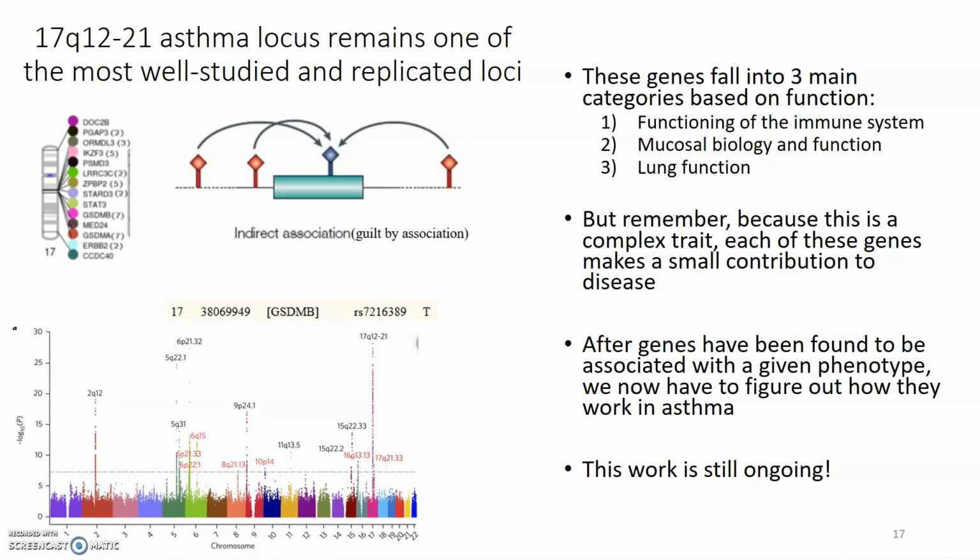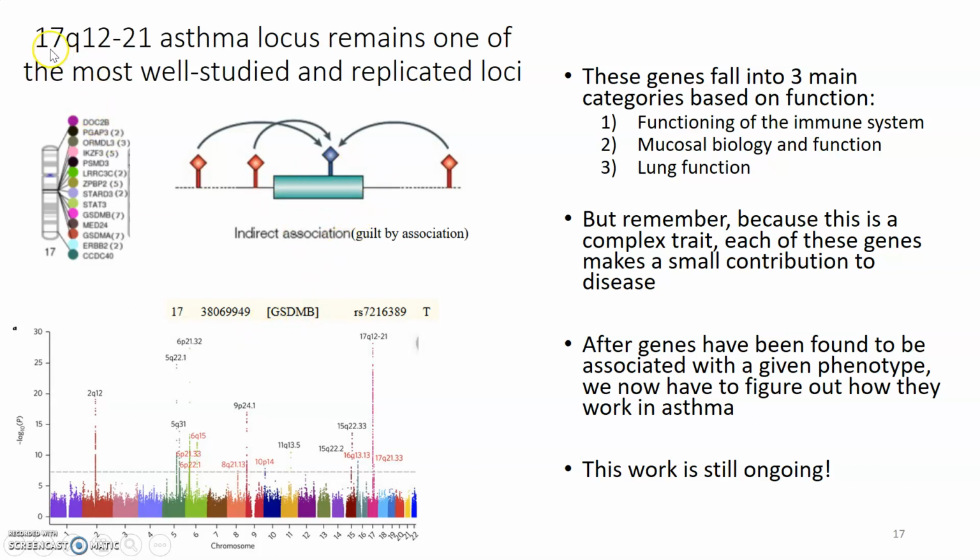And here's just one example. Remember, what we're looking for is this indirect association because of that linkage disequilibrium. I like to think of this as guilt by association, right? All of these tag SNPs here are inherited along with this causative mutation within this particular gene.